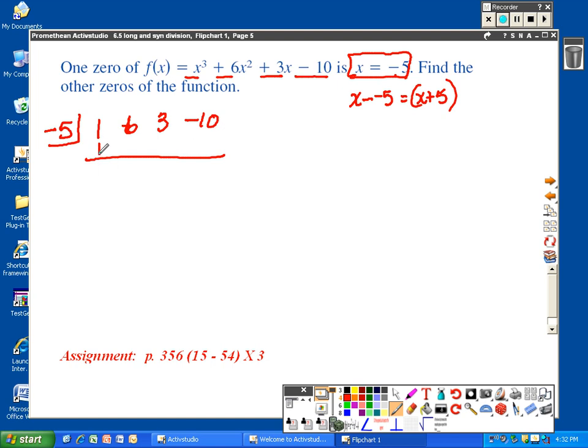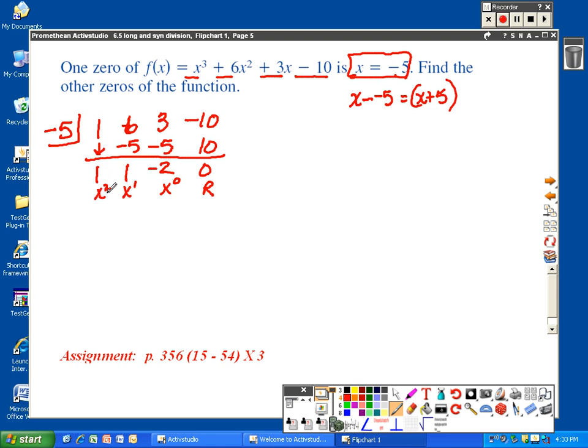Bring down my 1. 1 times negative 5, negative 5. 6 plus negative 5, 1. 1 times negative 5, negative 5. 3 plus negative 5 is negative 2. Negative 2 times negative 5, positive 10. 0 remainder. And I should have gotten that because negative 5 was a root, was a 0. Remainder, x to the 0, x to the 1, x squared.